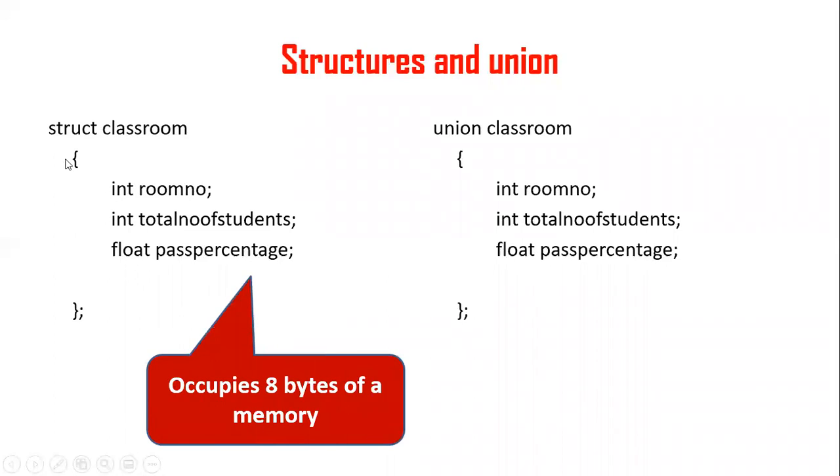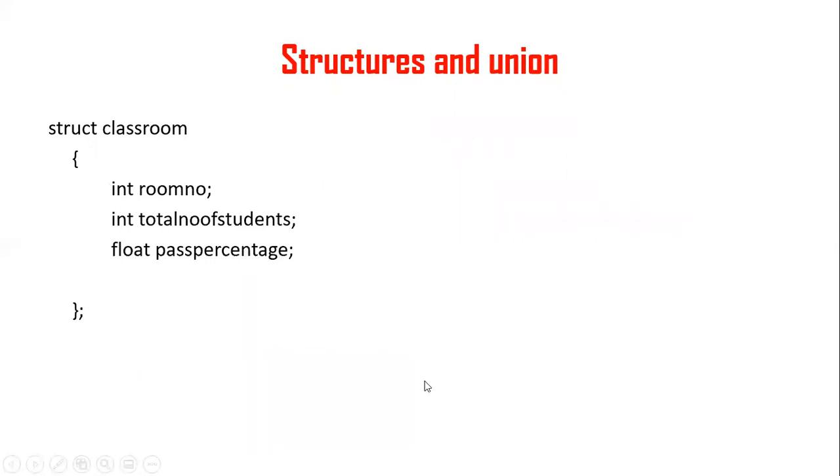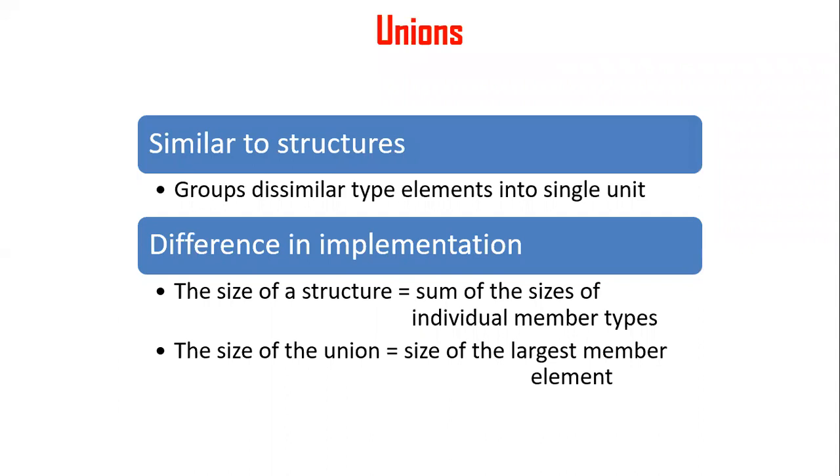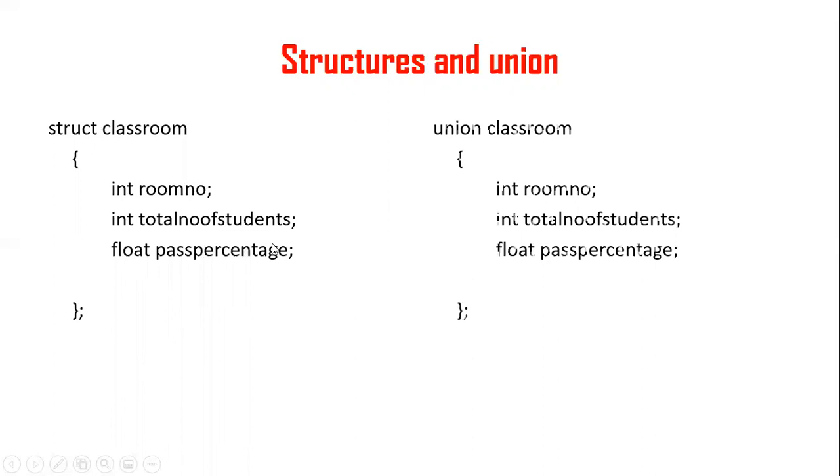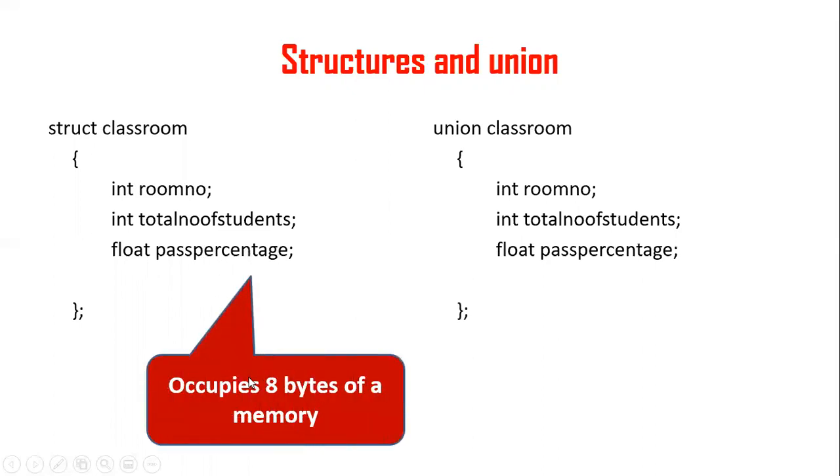Now the structure, when it is implemented, occupies 8 bytes of memory. As I told you, it is the sum of the sizes of individual member types. How does it occupy 8 bytes?